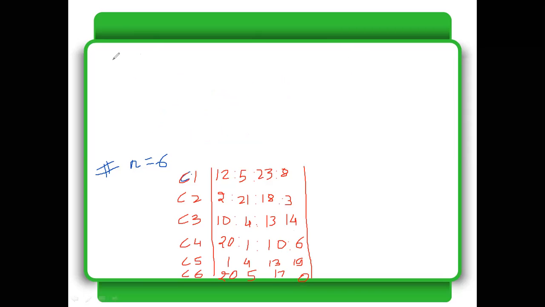So one way is I can take the cost function for this problem to be nothing but the absolute value of the equation, which is a plus 2b and so on, because I want to minimize it.